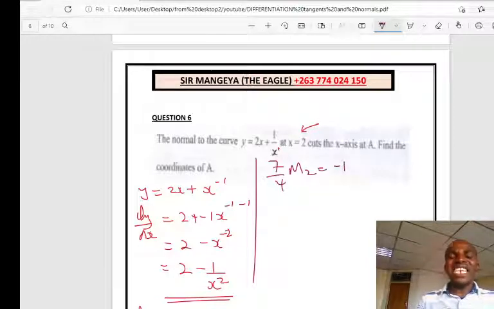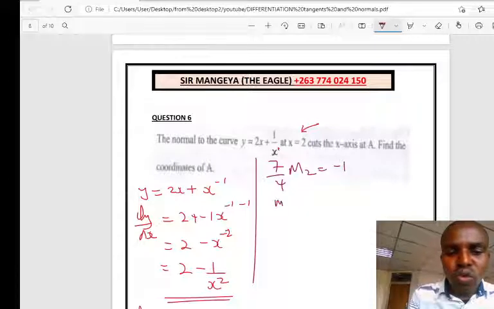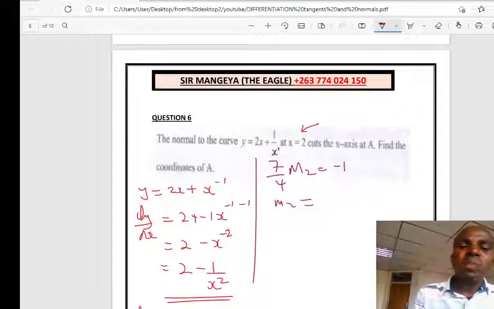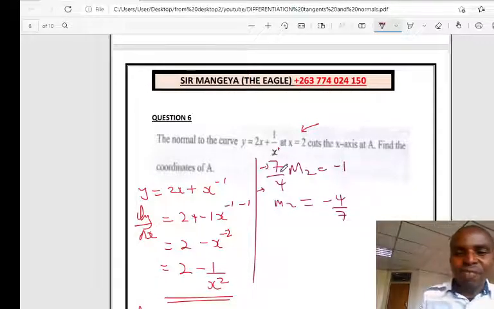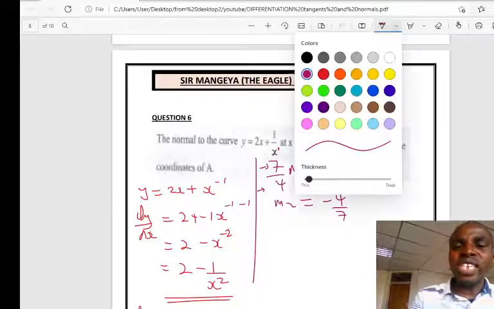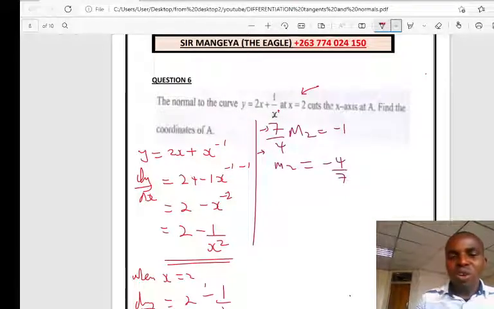Then m2 is equal to, you multiply by 4, so it will be minus 4, then you divide by 7, so minus 4 over 7. And take note, this is the gradient of the normal. We found it.